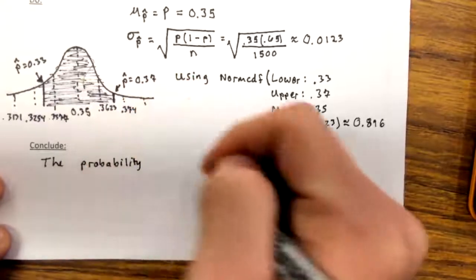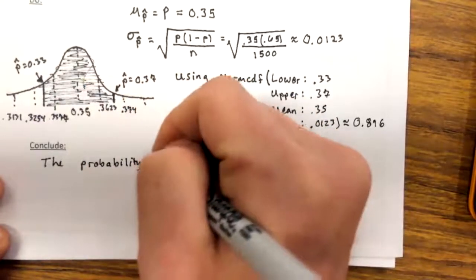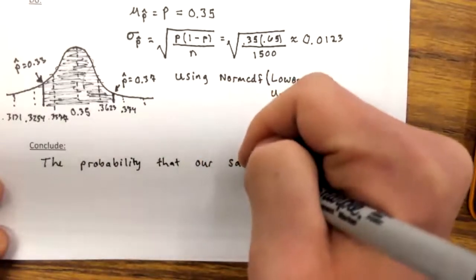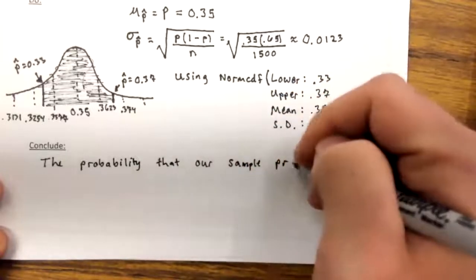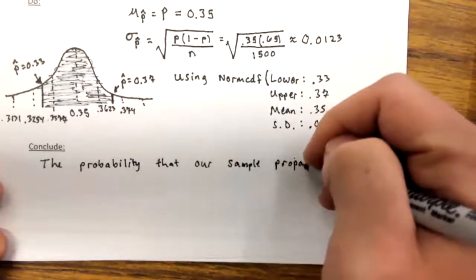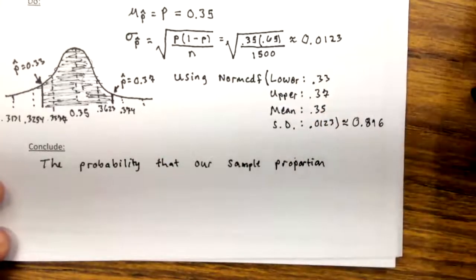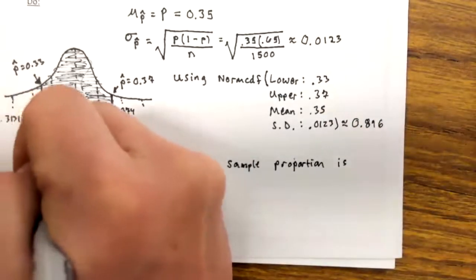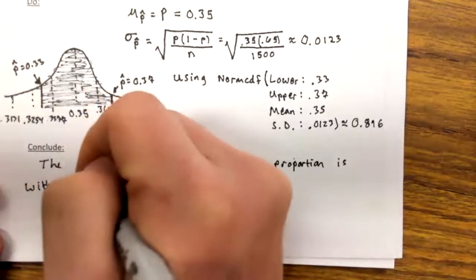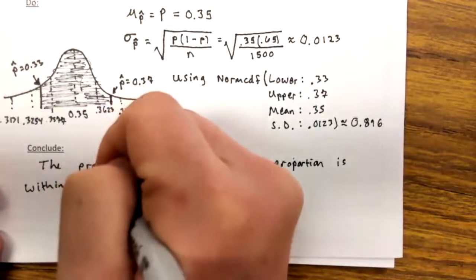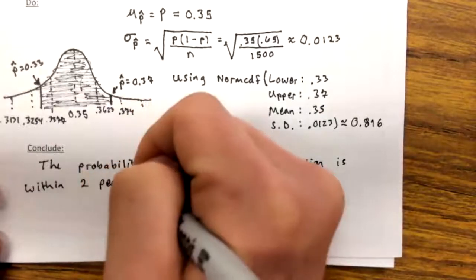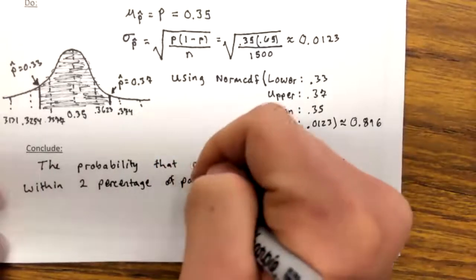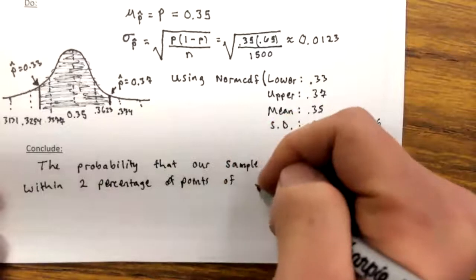The probability that our sample proportion is within 2 percentage points of 0.35.